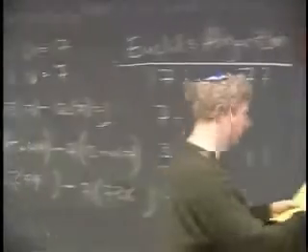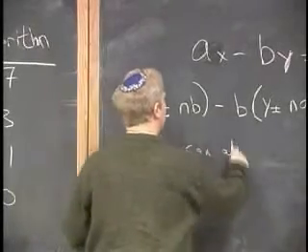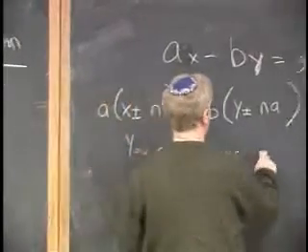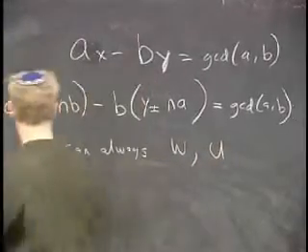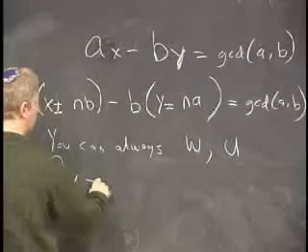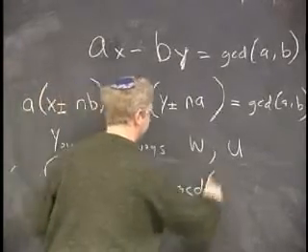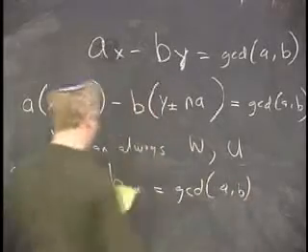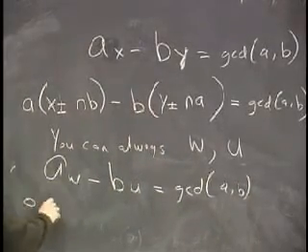So I'm going to write this out rigorously here. You can always pick, say, w and u, where aw minus bu equals the GCD. And I'm going to give you restrictions now on w and u. They're both positive.